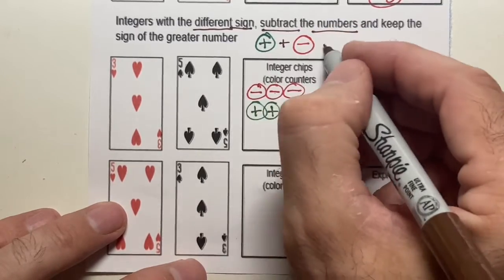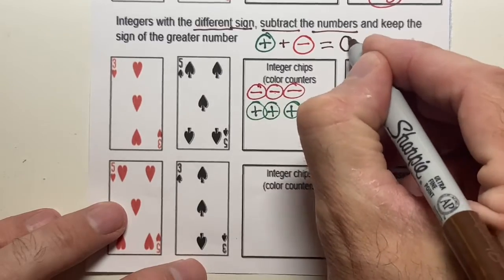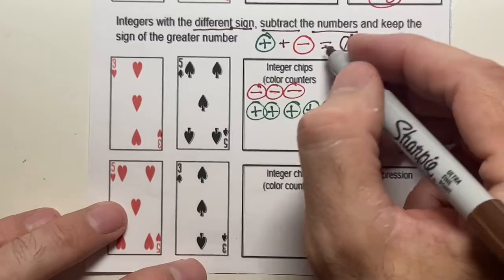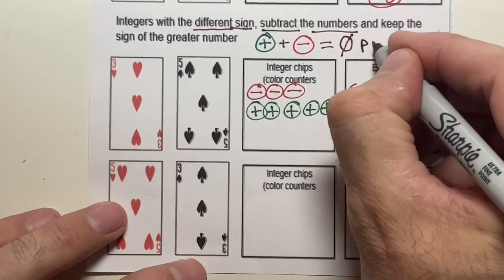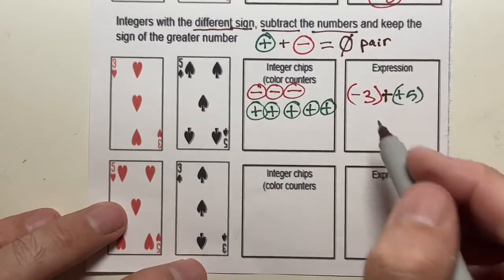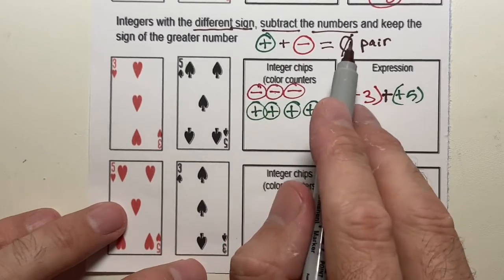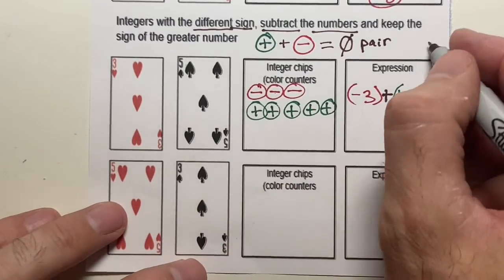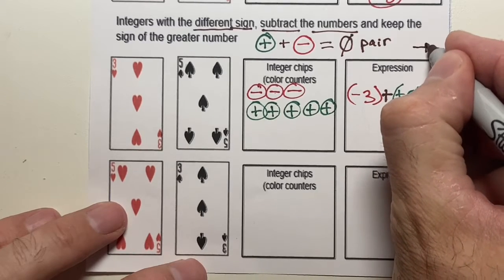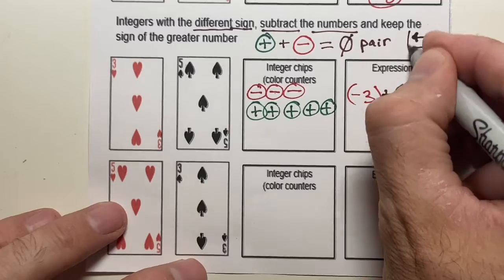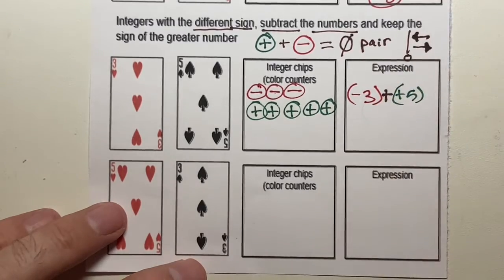Well, a positive and negative together is going to give us 0. And then when we put them together, we're going to call them a 0 pair. So a positive and negative together is going to make 0. So you go up 1 on the number line, and then you go down 1 on the number line. You're going to end back up at 0.